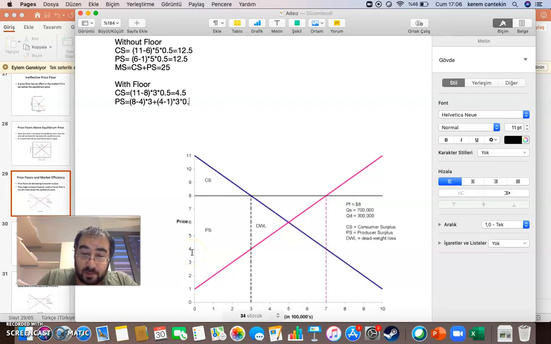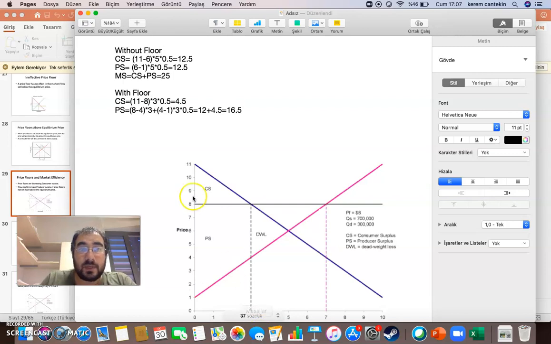But now we should also multiply it with 0.5 since we are dealing with a triangle here. So it is 12 plus 4.5, which is equal to 16.5. This is more than the producer surplus in this case, 4 units more, basically.